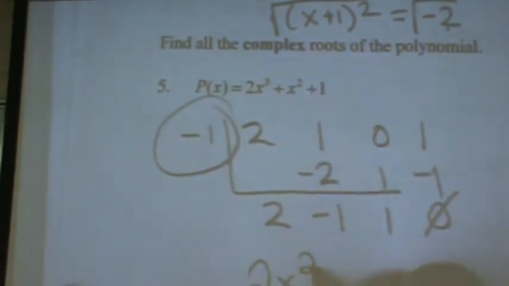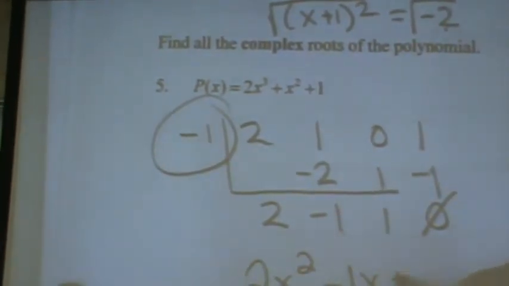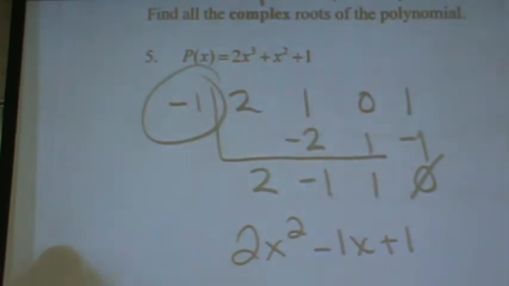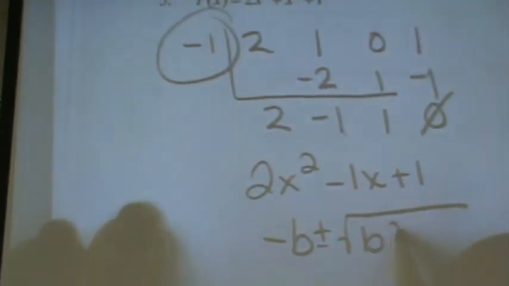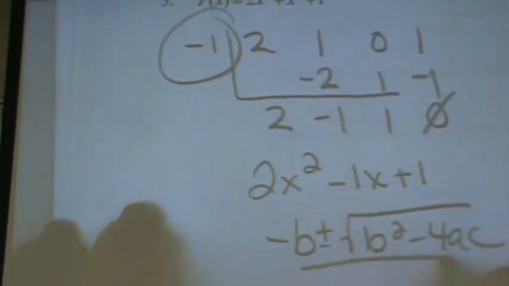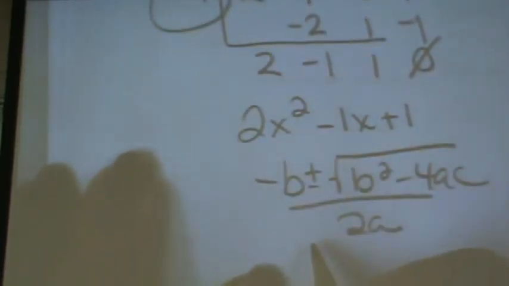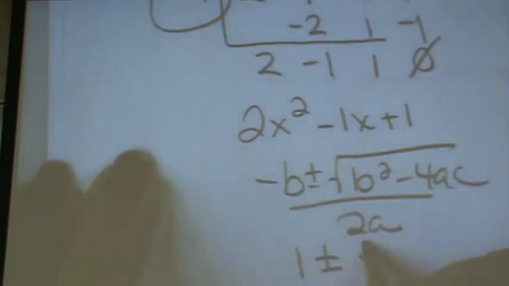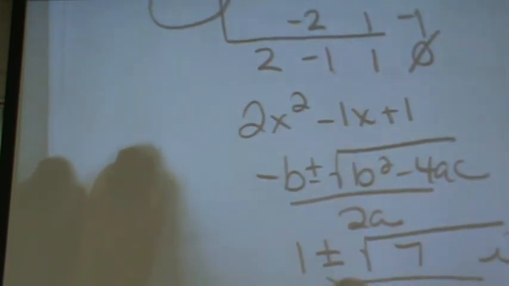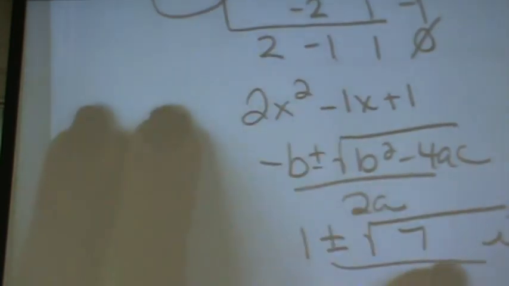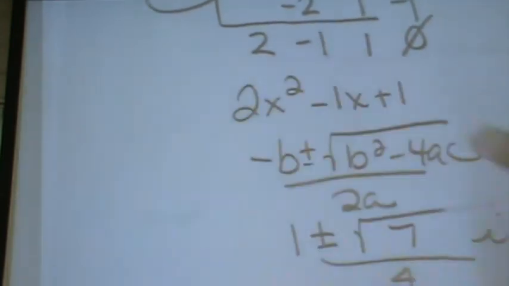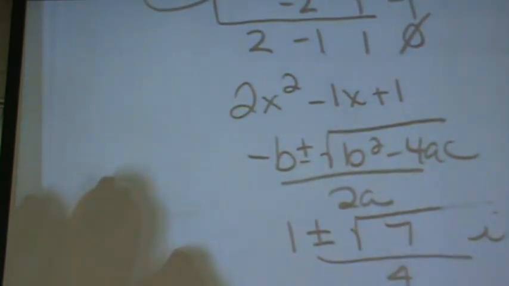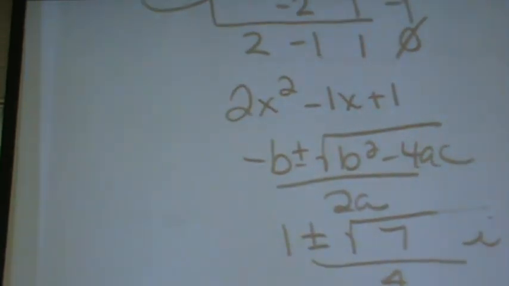What you have to do with this part right here is I would use the quadratic formula, -b plus or minus the square root of b squared minus 4ac all over 2a. You get plus or minus 7i over 4. So does everyone have this? When you do the quadratic formula, that's what you get.